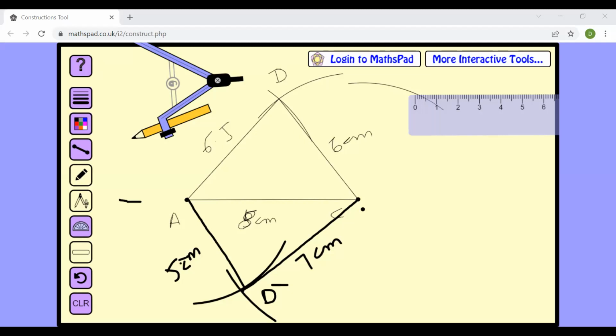The multiples of 15 can be drawn using a compass: 30, 45, 60, 75, 90, 105, 120, up to 150. Ma'am, in my school they only taught till 120. Okay, we can draw till 150.